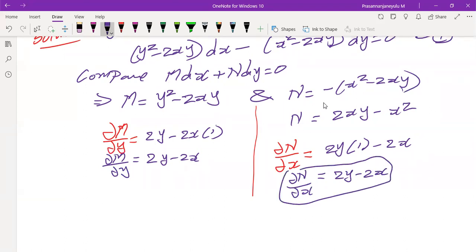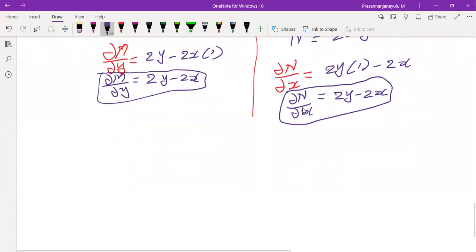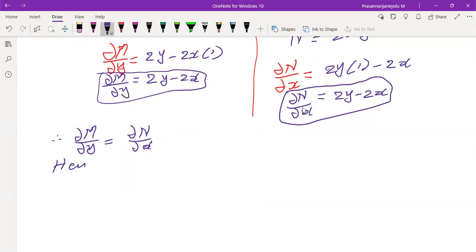Dou M by dou y is equals to dou N by dou x, and the given differential equation is an exact differential equation. Therefore, hence, given differential equation is exact.